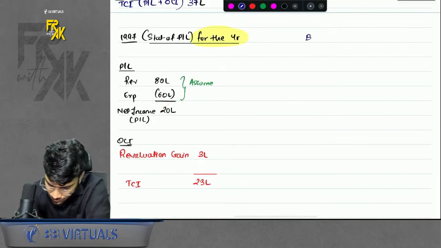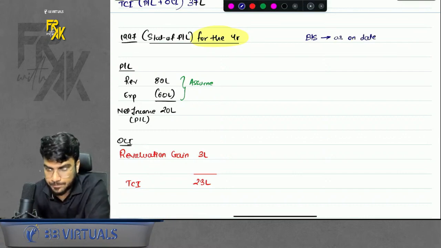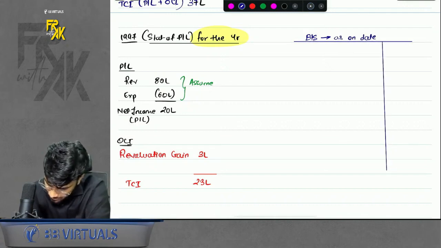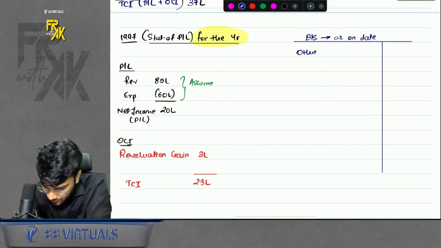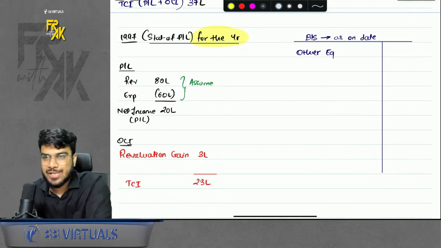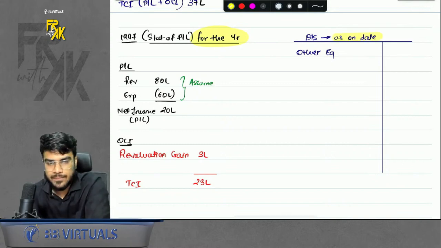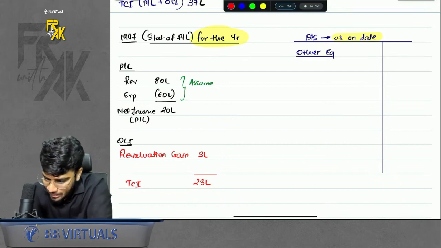Now let's move on towards the balance sheet as on date. In the balance sheet, we will have other equity. Now let me check how much you interpret this term as on date, whether you are able to understand the meaning of as on date.